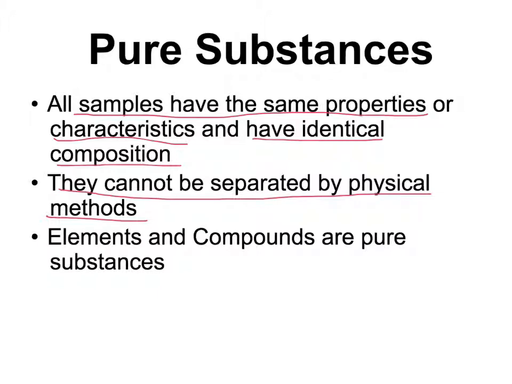So you can't separate it by any type of physical process: using a magnet to pull it apart, sieving it, grinding it, or separating it by density, floating it in a medium. It just doesn't separate that way. They're all the same. The only two materials that are pure substances are elements and compounds. Everything else is not a pure substance.